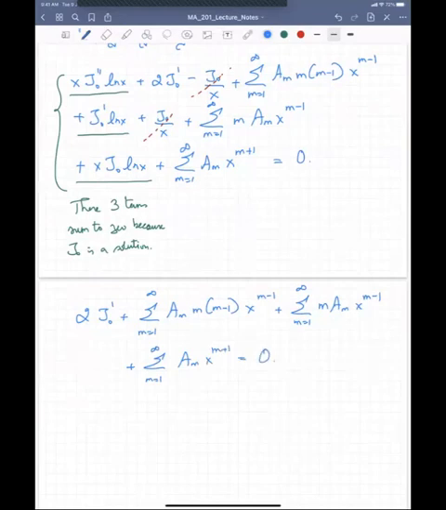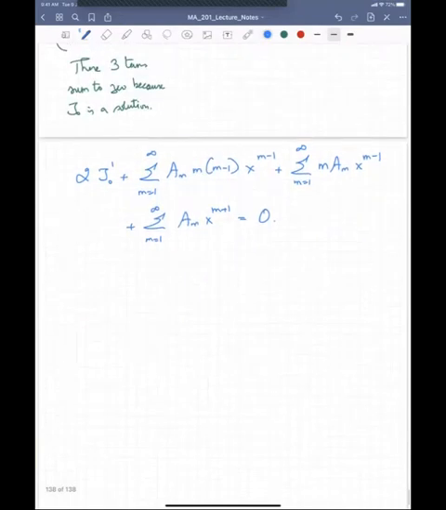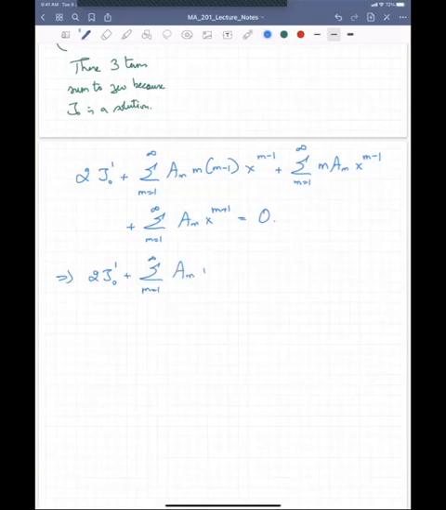This whole thing has to be equal to 0, and this simplifies further because the minus m from this term and the plus m from this term cancel, since they are both coefficients of x to the m minus 1. So this implies that 2 J0 prime plus the sum of a_m m squared x to the m minus 1 plus the sum of a_m x to the m plus 1 equals 0. Okay, so this is the equation that you obtain.